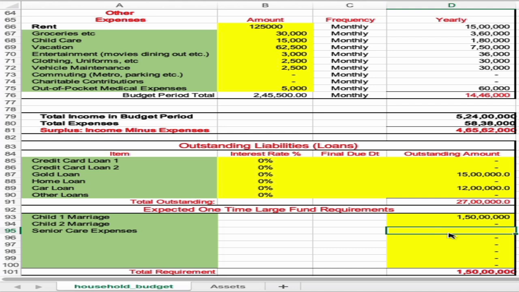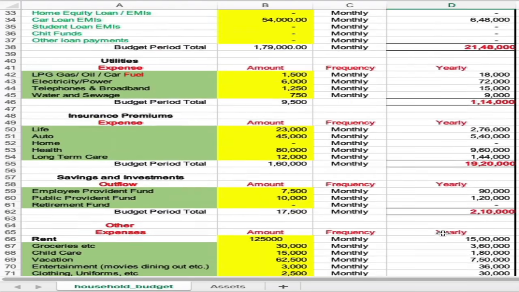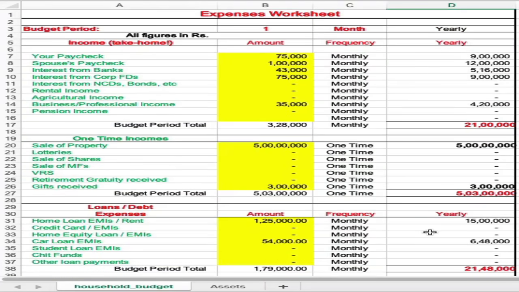This is what senior care expenses. Let's say you plan to buy a place in a senior care facility that will cost you 2 crore 50 lakhs by the time you retire. So this is your budget. This is how you are doing your estimated expenses.